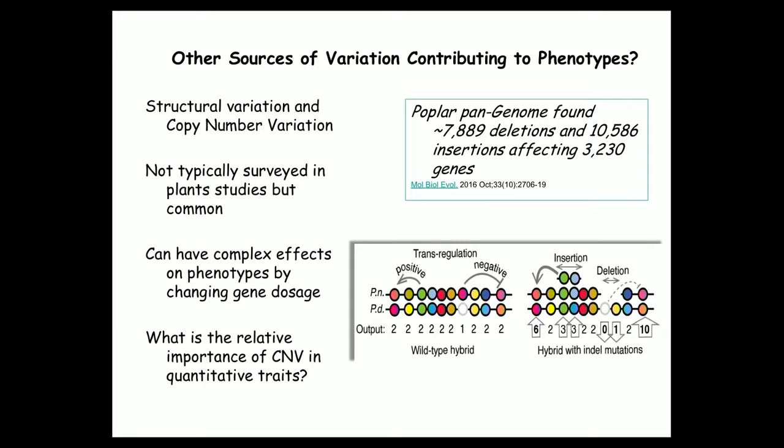Now, if we change gene dosage or copy number, for example, by increasing the copy number of this green transregulator, we not only change the expression potentially of that gene, but also of its targets. And because we know that transcription factors often regulate hundreds, if not thousands of other targets, this kind of variation can be quite complex in its output.